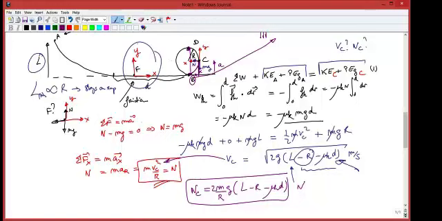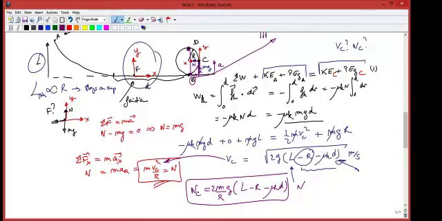Excellent. The additional difference at D is that N and mg will be in the same direction. Yep. Therefore, as you apply Newton's law, you're going to have N plus mg is equal to ma. That's going to be the condition that you will use to solve for that extra credit point.